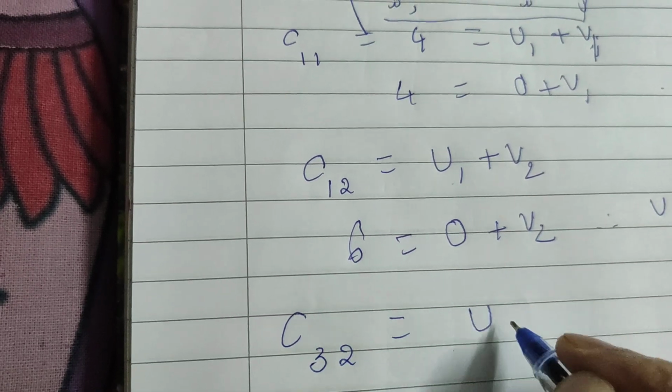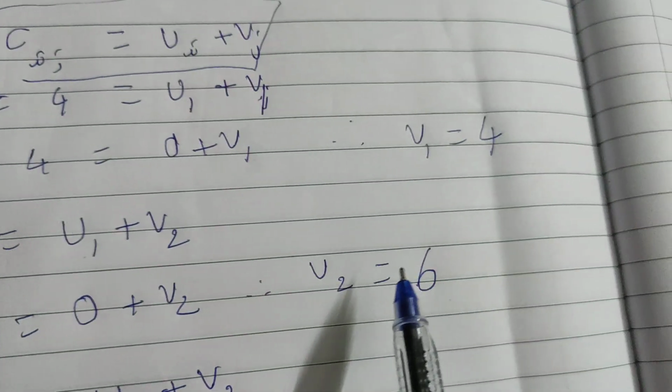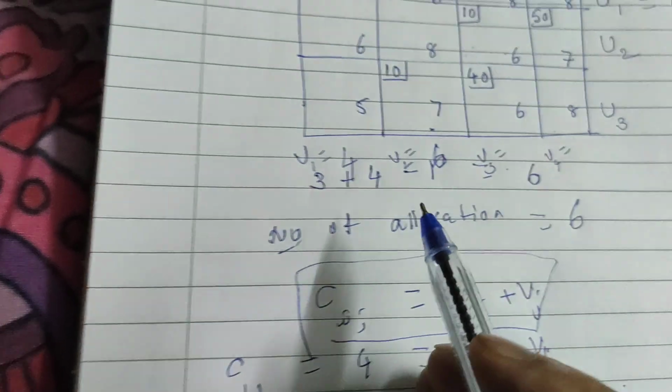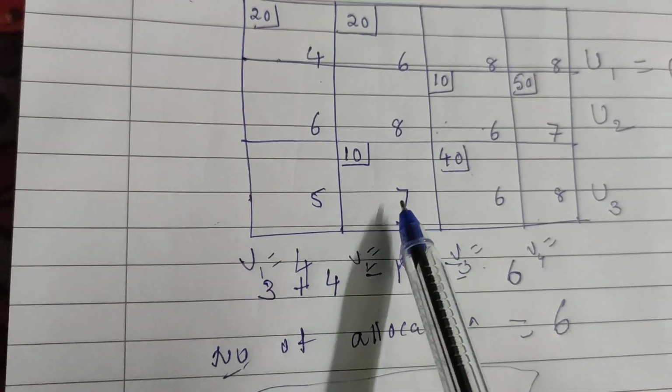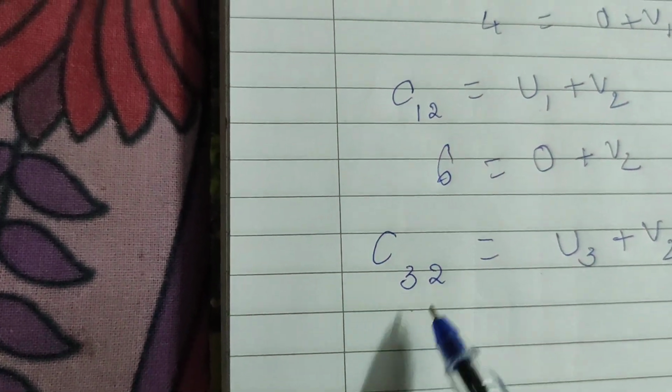C32 means U3 plus V2. Because we have the value of V2, I will go for C32. My allocation is there: third row, second column. The C32 cost is 7.